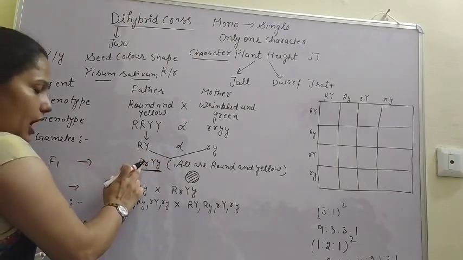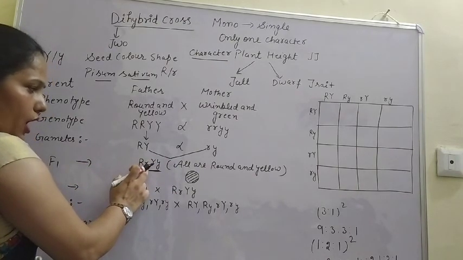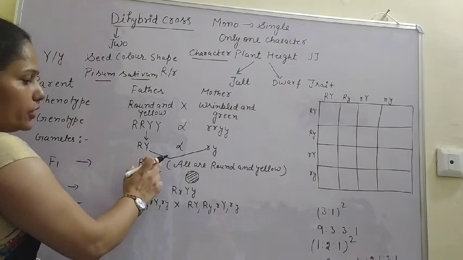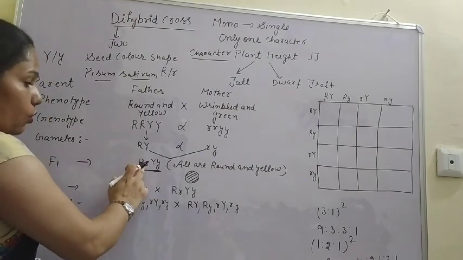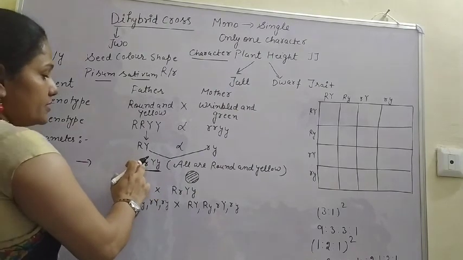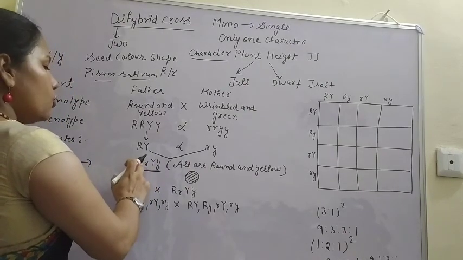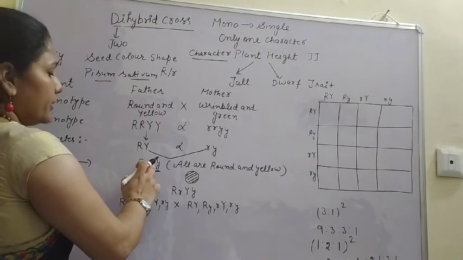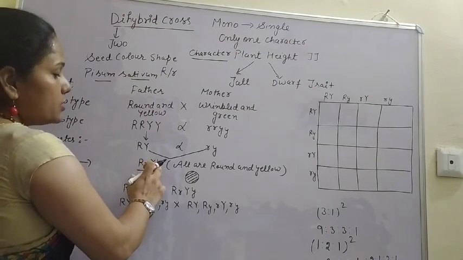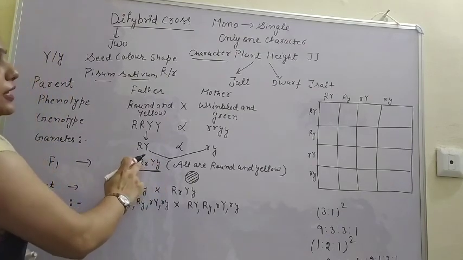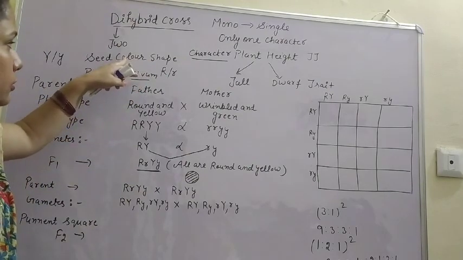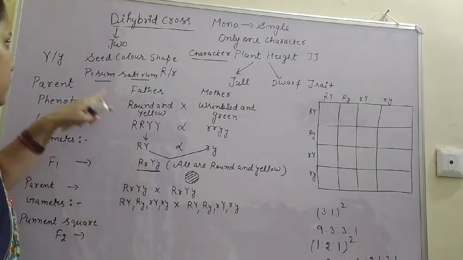Because capital R is dominant over small r and capital Y is dominant over small y, this plant is round and yellow. Capital R is for the round, and capital Y is for the yellow.